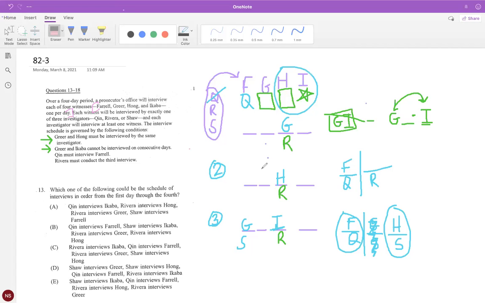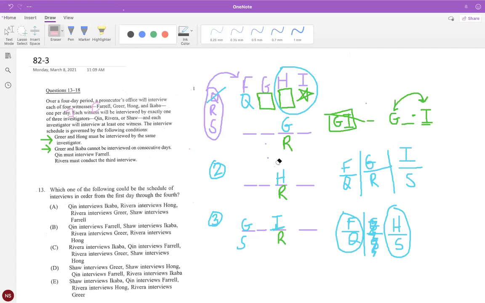No. So who gets interviewed by the same person? G and H, right? So if H is interviewed by R, who else must R interview? G. Excellent. So then after we figured that out, do we know who interviews I? No. I mean Q or yes, S. Excellent. So this is a huge, I think this also is really helpful.